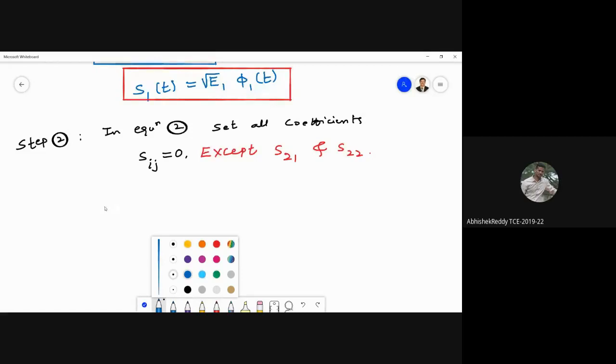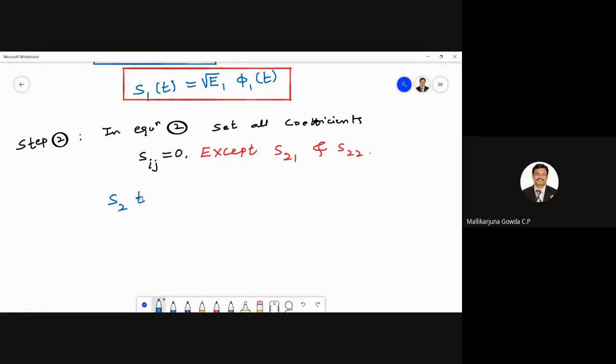So what is the expression I can write for S2 of t? S2 of t is equal to S22. Why S22? What is the first term? I said S21 and S22 are not set to 0.